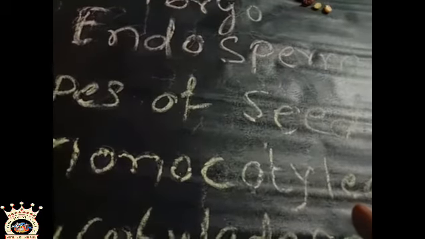First of all we are going to learn about monocotyledon seeds. In monocotyledon seeds there is only one seed leaf, and it cannot store food, but the seed has the endosperm. The endosperm stores the food for the baby plant.